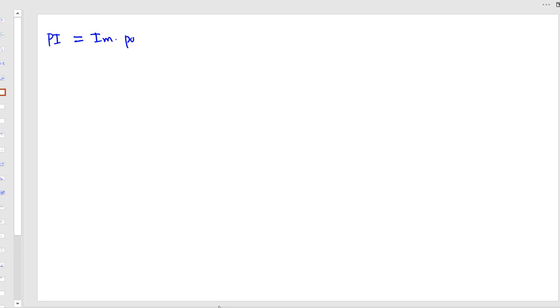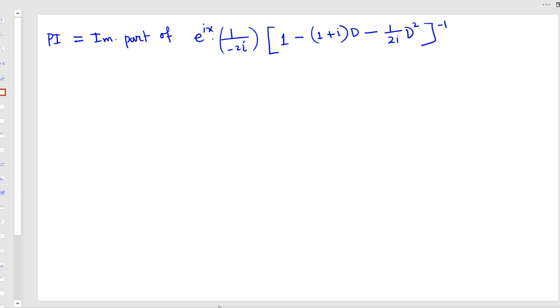imaginary part of e to the power ix 1 minus 2i. Then now we have 1 minus 1 plus I into d minus 1 by 2I into d square, and we will take it in the numerator inverse, and the quantity on the right hand side is x now.